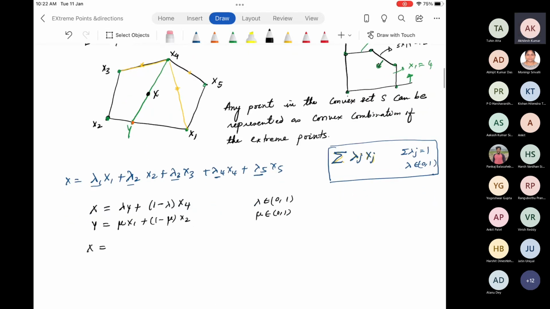So if I replace y in terms of x1 and x2, what should I get? Lambda mu x1 plus lambda into 1 minus mu x2 plus 1 minus lambda x4, right? Does this make sense?